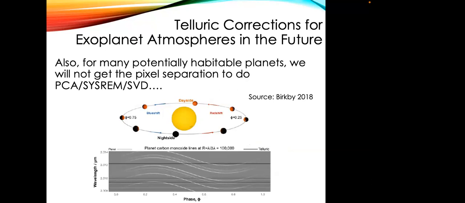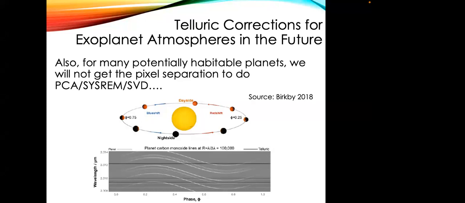As you go to smaller and smaller orbital velocities, that line flattens out. So if you subtract the median, you're going to be subtracting the planet signal along with it. So stuff like PCA and SysRem SVD are going to become essentially obsolete for potentially habitable planets.